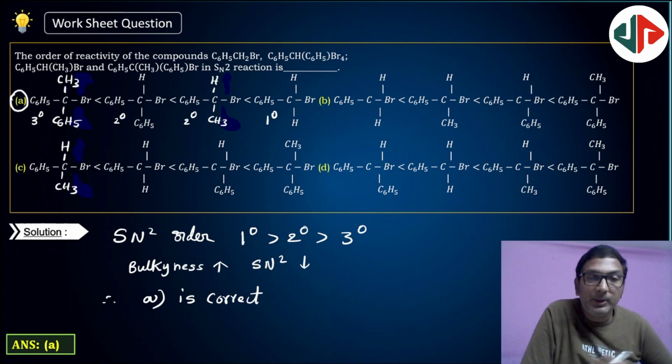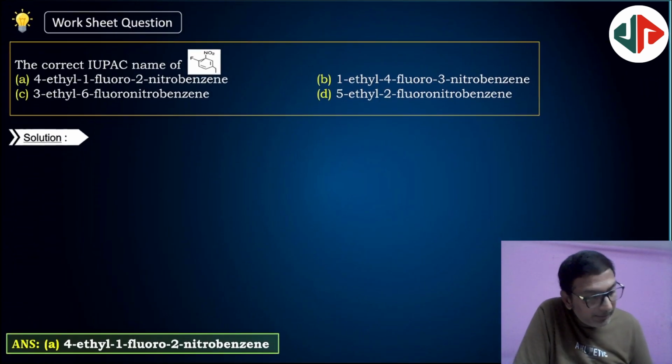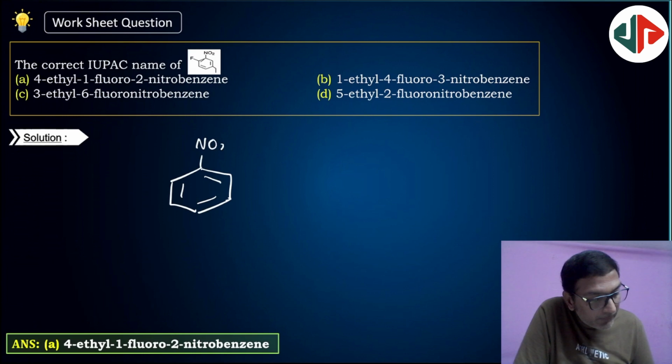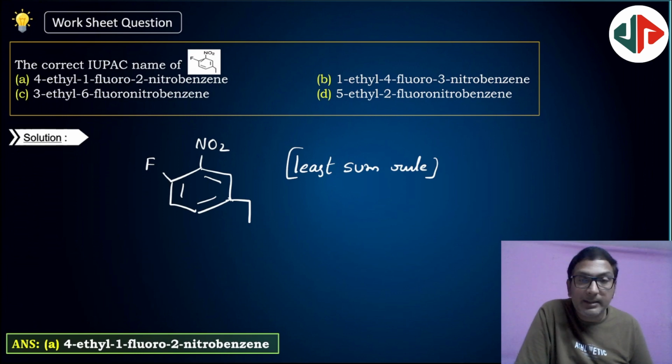So, a very important example. The IUPAC name of this compound. Here NO2. For all our substitutions here we must follow the least sum rule.